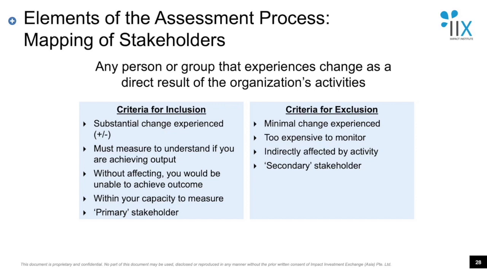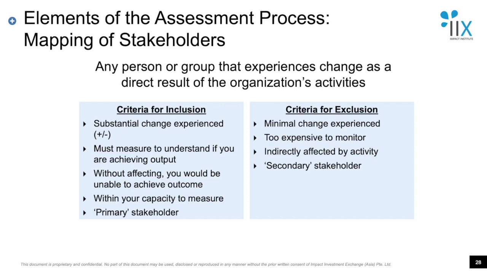Some of them are direct and some of them are indirect. So who are the people who should be included? They have experienced a substantial change, and you need to measure that. If you don't put them into the equation, you're telling half the story.